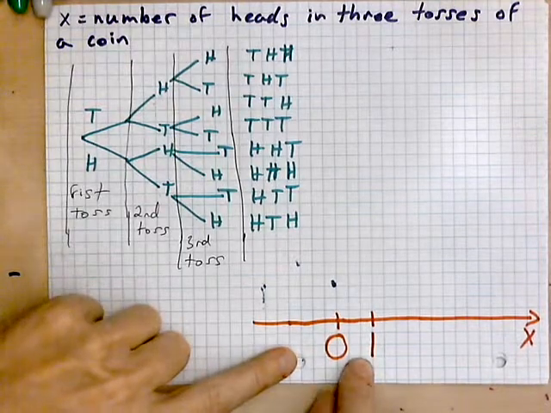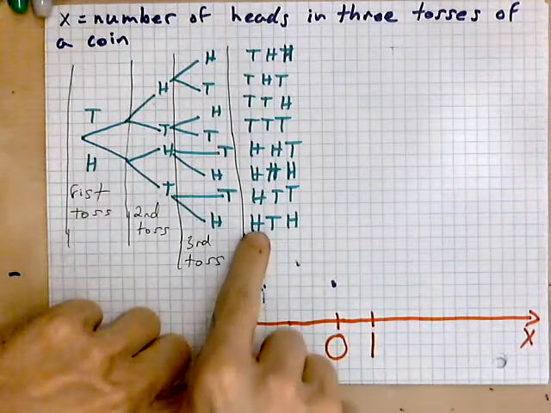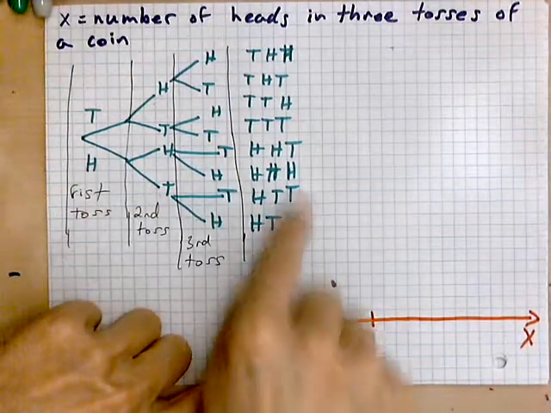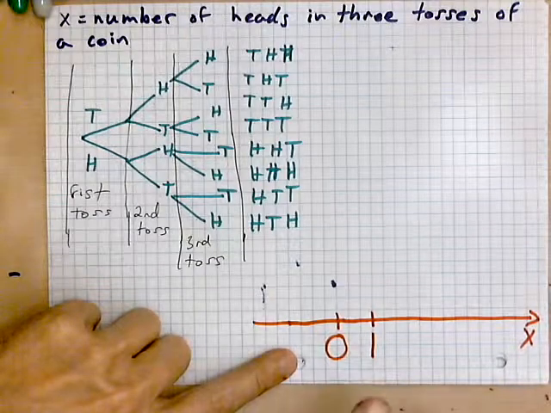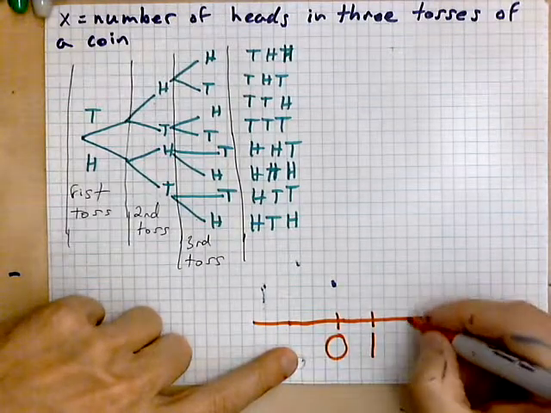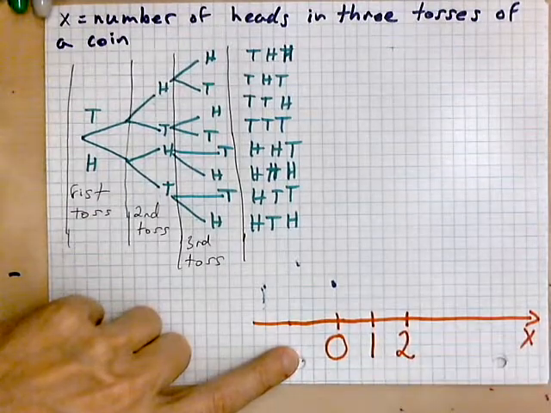Let's take a look at the next example. You may also have such things as head, tail, head. Tail, head, head. In that case, you have 2 heads and 1 tail. So the number of heads can also take on the value 2.